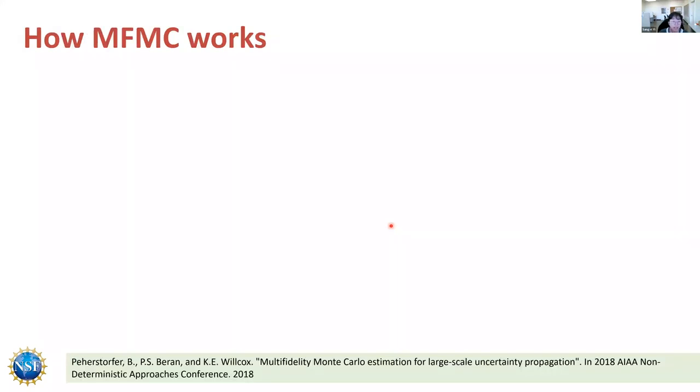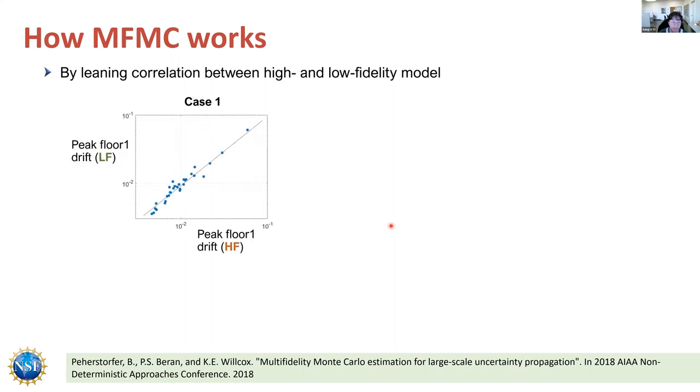Multi-fidelity Monte Carlo works by learning the correlation between the high and low fidelity models. Let's consider a case where we have a very good low fidelity model. Then if we compare the response from the high fidelity model and the low fidelity model, the points in the pair plot will lie almost on the diagonal line, because our predictions will be very similar.